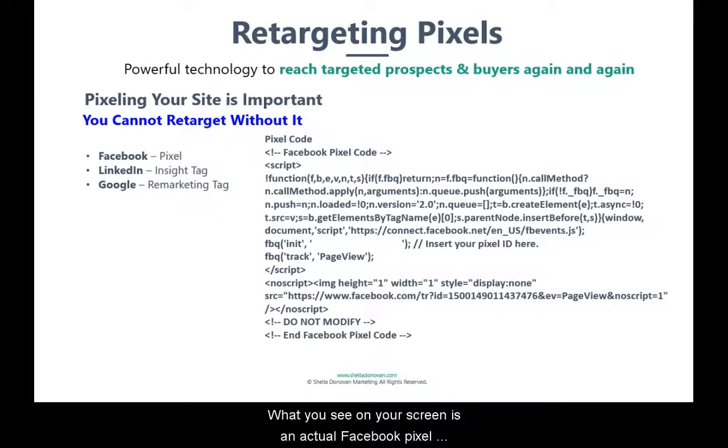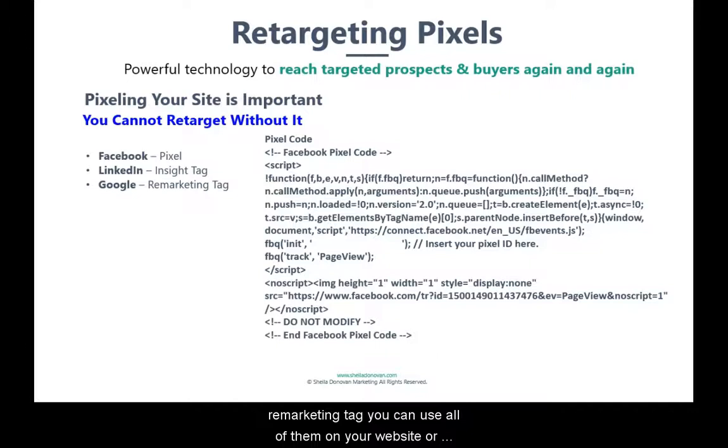What you see on your screen is actual Facebook pixel code, and it looks just like a bunch of code. But in it are the instructions to retarget people so that Facebook knows that people have visited your website. I've blanked out my Facebook ID, but it would be right in here. Now, Facebook calls it a pixel, LinkedIn calls it an insight tag, and Google calls it a remarketing tag.